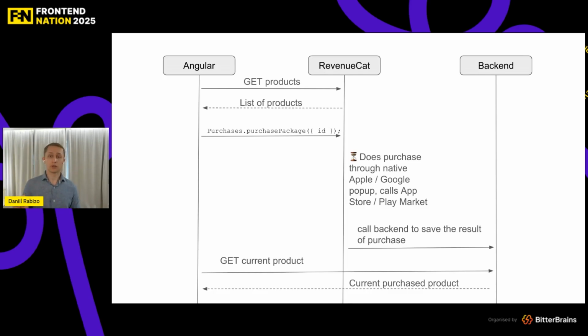And the second endpoint, which is important, is the status endpoint. While this whole purchase process is happening, it can take minutes or seconds, your front end has to regularly call your backend. It's named polling. So for example, with regular intervals of 10 seconds, you can call your backend for a status.